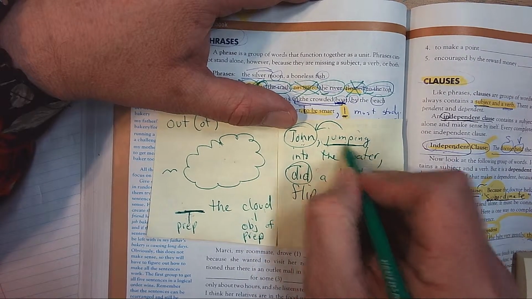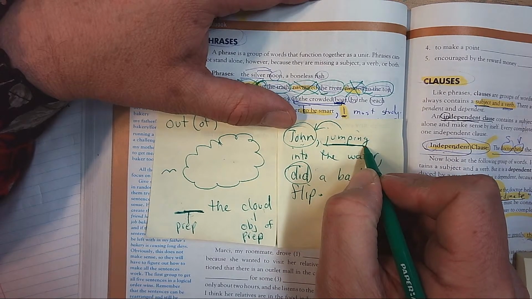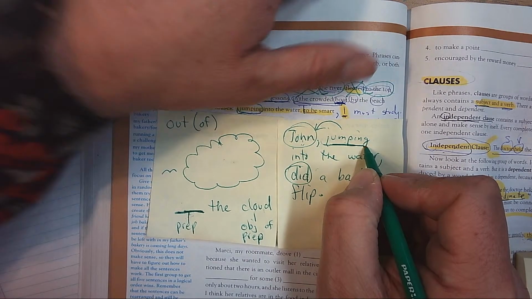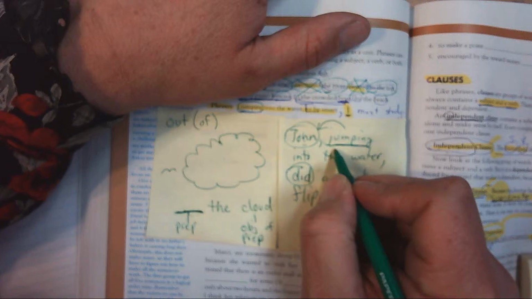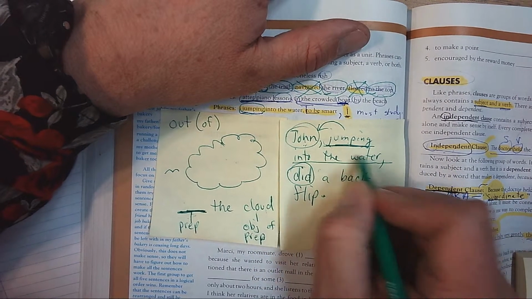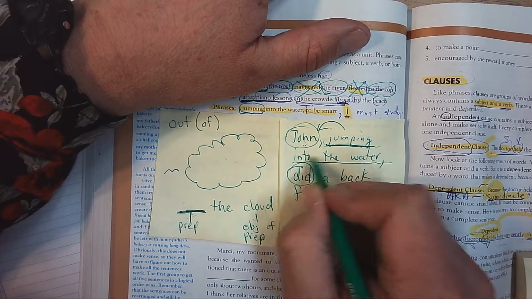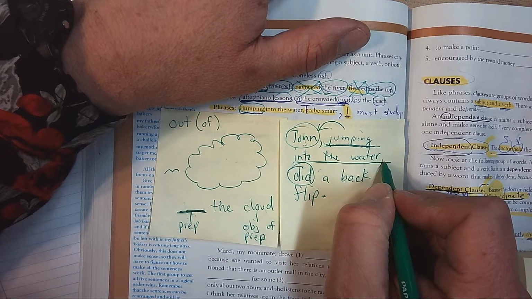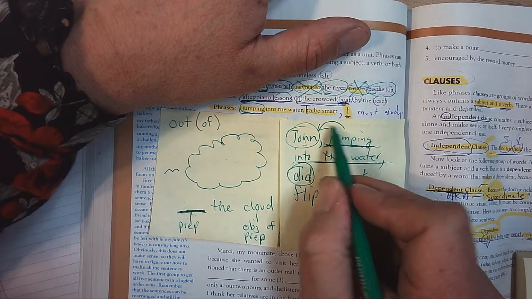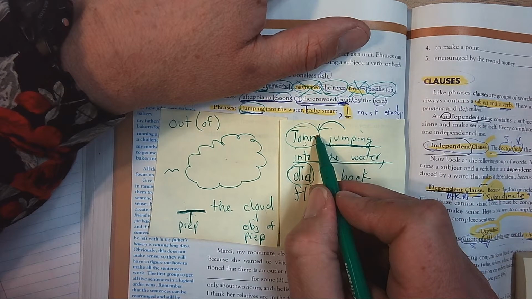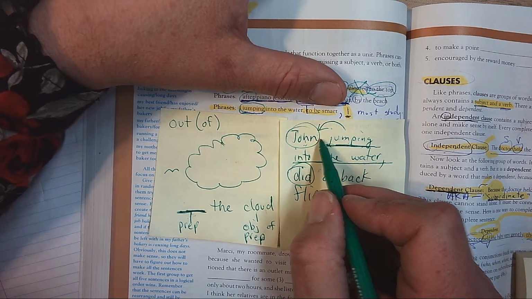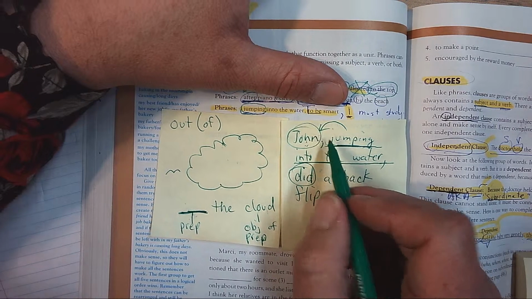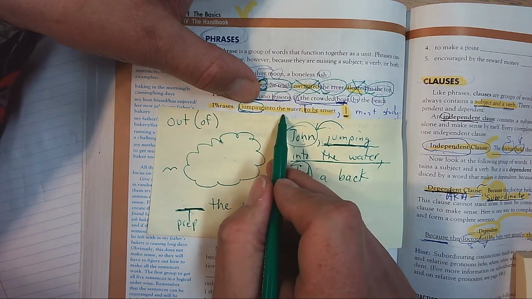Okay, so this is an adjective, but you can just worry about it in terms of just being a verbal. Jumping is the verbal, jumping into the water is the verbal phrase. Okay, so you know it's not a verb if it doesn't have a subject. If the verb has a subject, it is a verb. All right, so anyway, that's what they're talking about here.